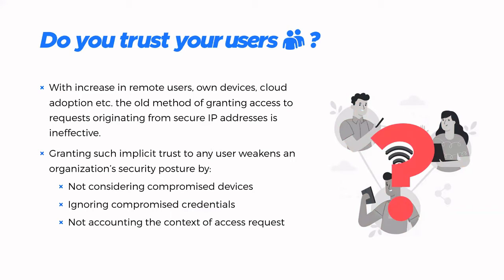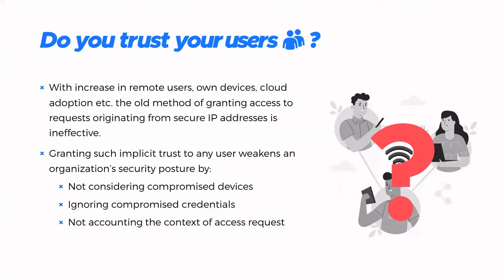These are the same users who are the weakest link in your security, who can click on malicious emails, who can end up downloading a package. So we'll have to understand that trusting users implicitly is the challenge that we'll need to conquer right now.